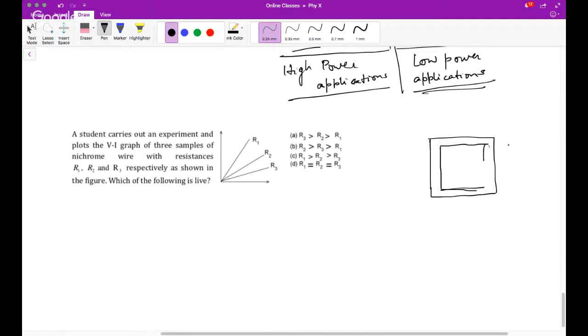On top of it you wind some coil like that. This coil is called the primary. And similarly here there will be another coil, called the secondary.